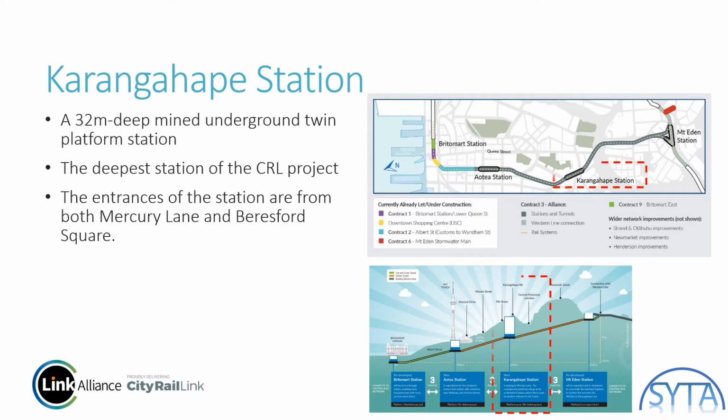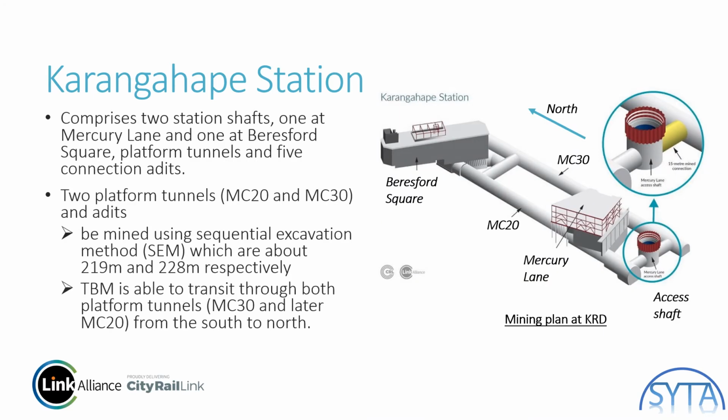The entrances of the station are from both Mercury Lane and Belfast Square. It comprises two station shafts, one at Mercury Lane and one at Belfast Square. At the beginning, we will also have the access shaft to get into the tunnel excavation first.